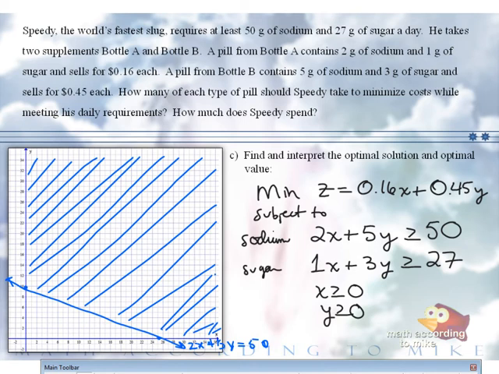What's the next x-intercept? 27. And the next y-intercept? 9. That's a 9 there. Notice we sort of have a squishy graph. What can you do?